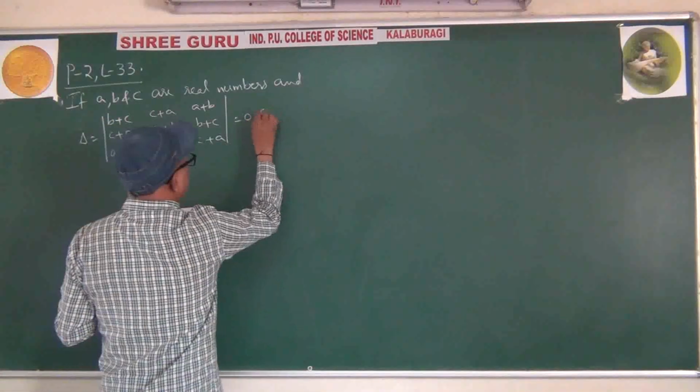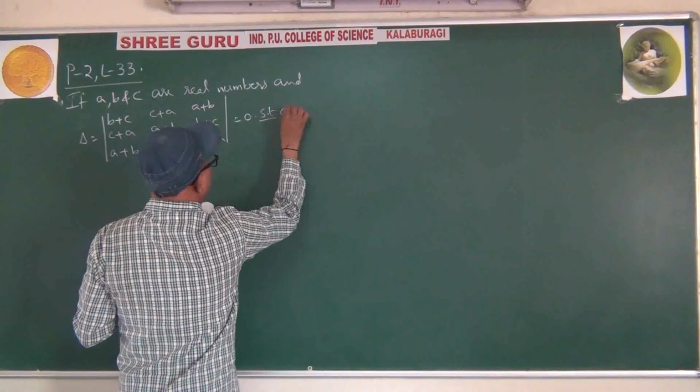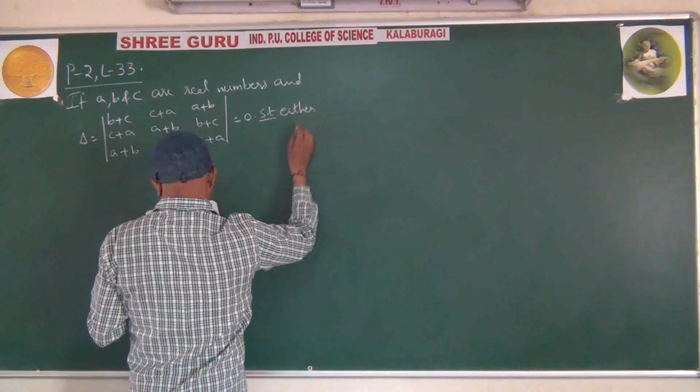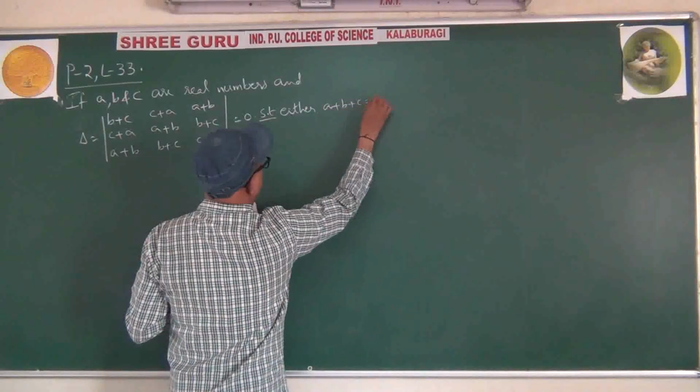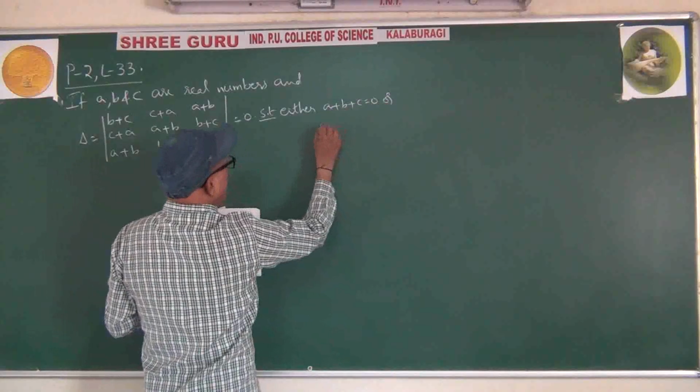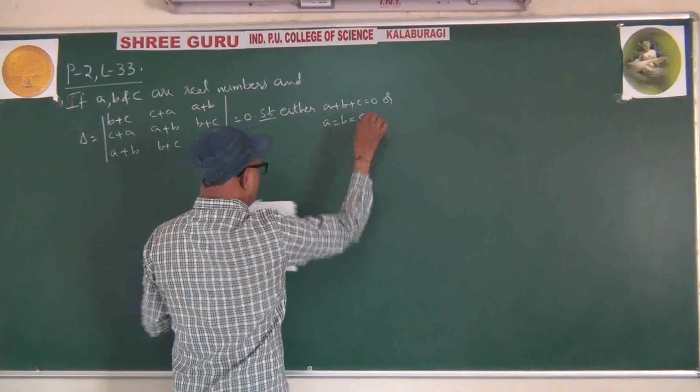Show that either A plus B plus C equals 0 or A equals B equals C.